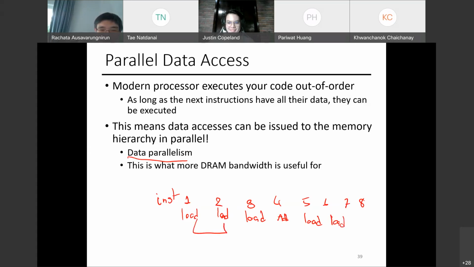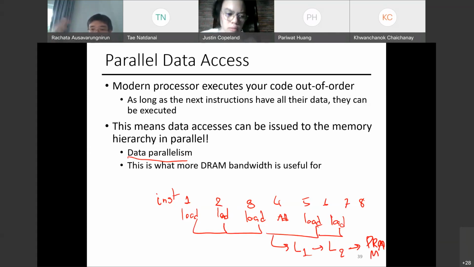These 5 loads, let's say they don't have any data dependency. I know the addresses right away, so I can issue these 5 loads to L1, L2, and DRAM at the same time. And the CPU will do that. The CPU would keep going through these loads to make sure you have as many data accesses as possible at the same time. And DRAM is actually designed to handle that too. We'll talk about that on Thursday. How does DRAM handle parallel data access?